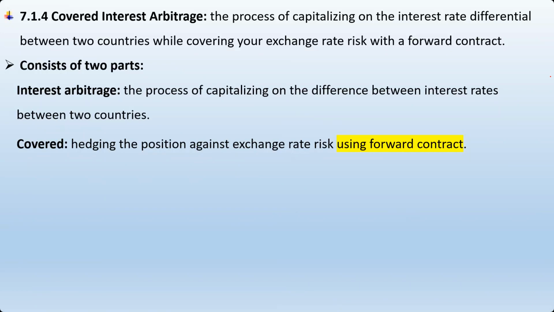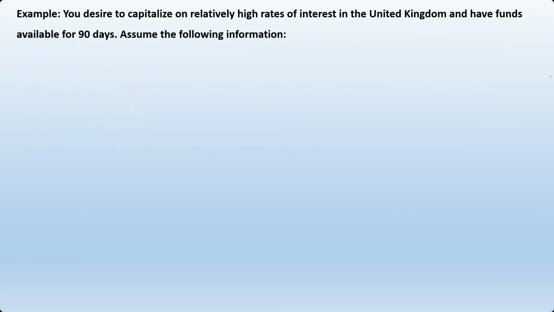For a higher level of class, we need to calculate if there's some position that is unhedged, what will be your position, and if some position is overhedged, but that's for a higher level of course. So let's look at this example. You desire to capitalize on relatively high rate of interest in UK and have funds available for 90 days.